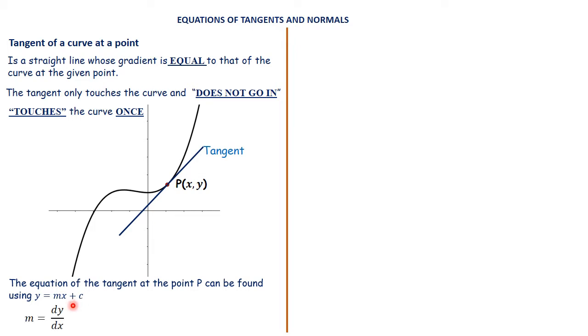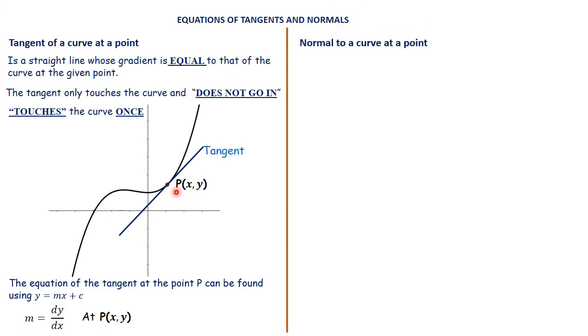Now, the m, which is the gradient of this particular line, is equal to the derivative of the function of this curve. That means that if we find the derivative of this curve, it should be numerically identical to m, and that is the concept upon which we anchor everything we are going to do with equations of tangents and even use it for equations of normals.